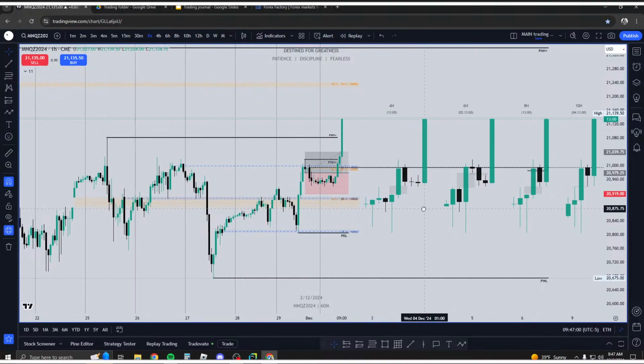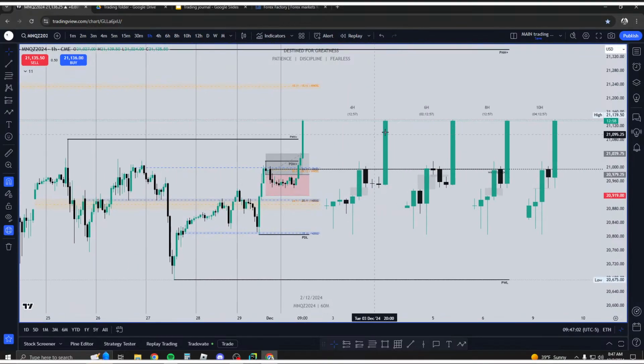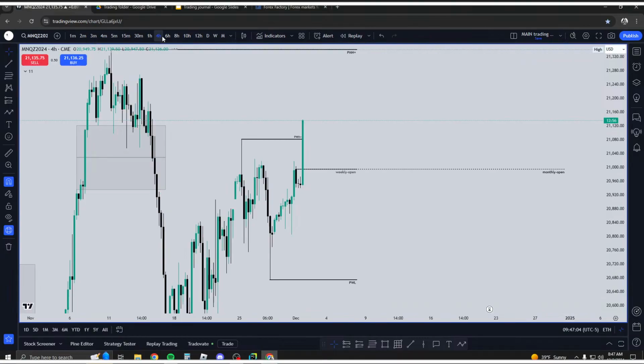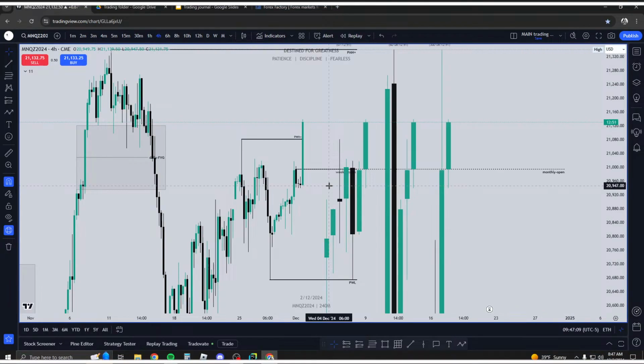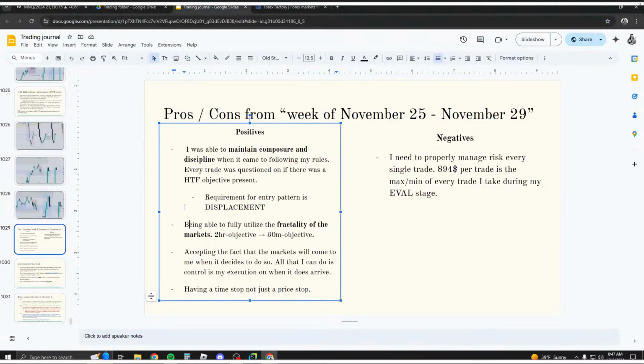But because I understood the fractality of the markets and I saw an opportunity, I wanted to take it and it presented itself. So instead of taking it on the 15-minute time frame like usual, I took a model on the daily time frame, in accordance with the weekly order flow. So, understanding fractality of the markets.